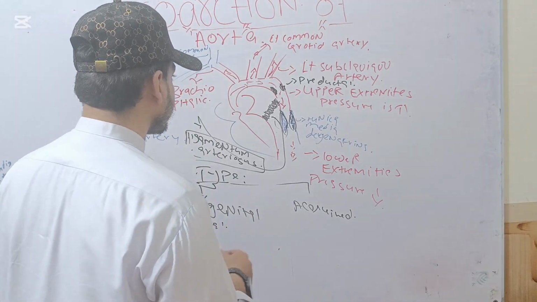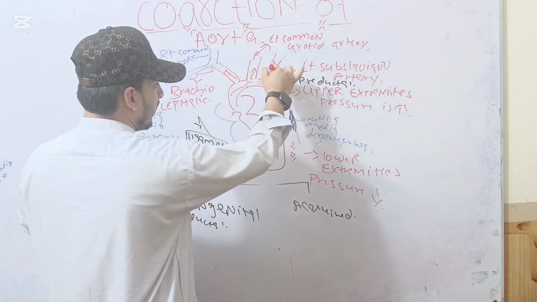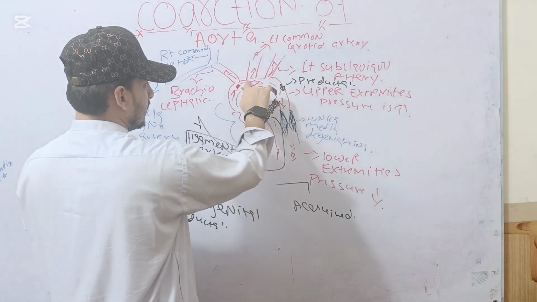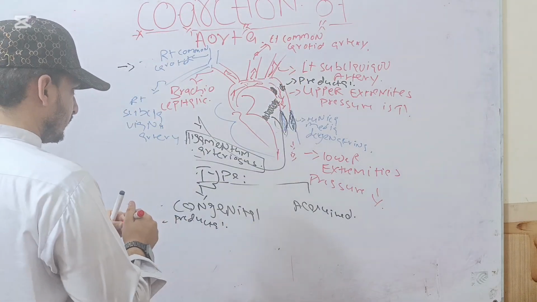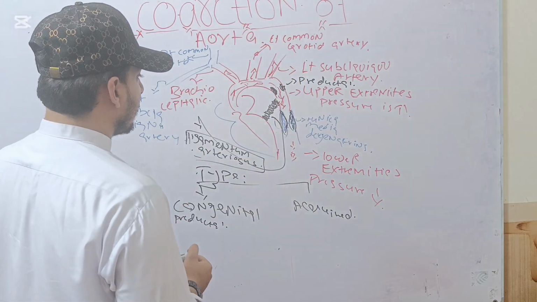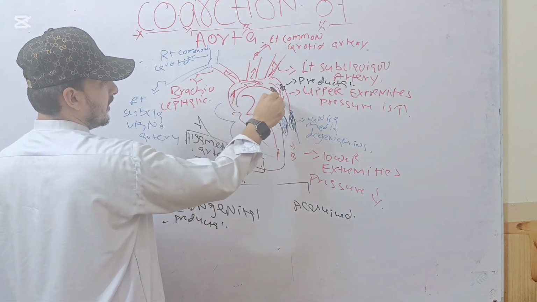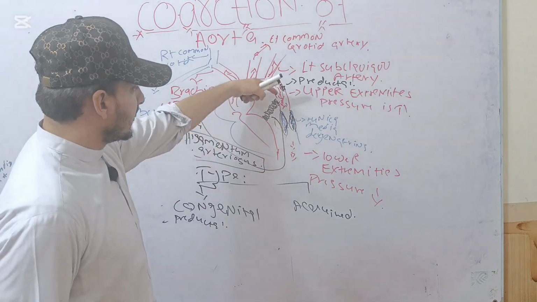So what happened? The blood goes to the aorta. There is the ascending aorta, the arch of aorta, and the descending aorta.